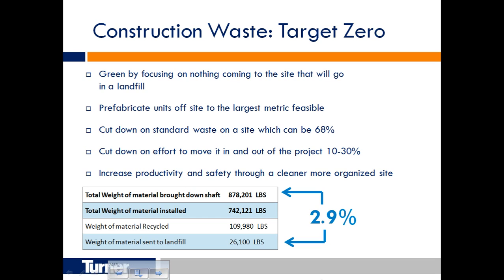So on our most recent project here, we decided this was one area that we really wanted to attack. It's easy to measure the weight of material that's coming to the site on this particular TI, and we cut this down to 2.9%. When we compare that, it was a 68% decrease in waste on the project previously.